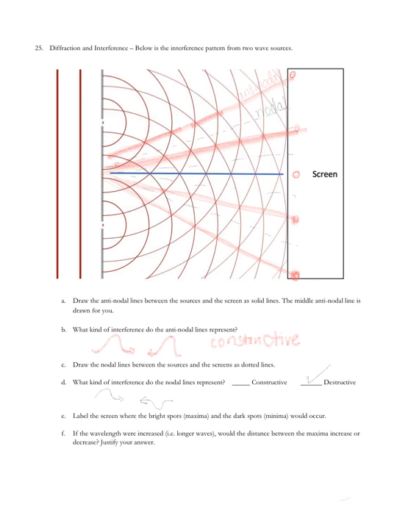It says label the screen where the bright spots or maxima would occur. Bright spots labeled. The dark spots would be all of this area in between. Dark, dark. So dark, sometimes you'll hear me call these minima because minimum brightness. And the bright spots you will sometimes hear me call maxima because those are the maximum brightness.